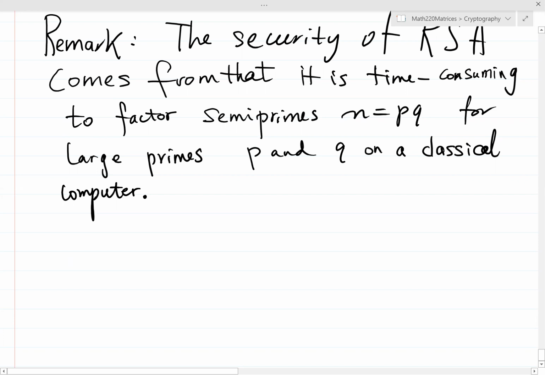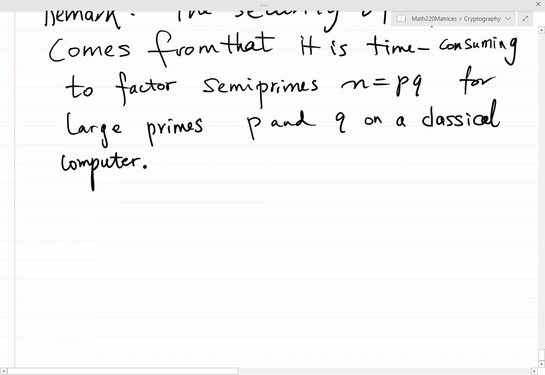Now, on a quantum computer, we can actually beat RSA. However, we have a quantum algorithm that can beat RSA, that can factor pq, the product. However, a quantum algorithm exists.